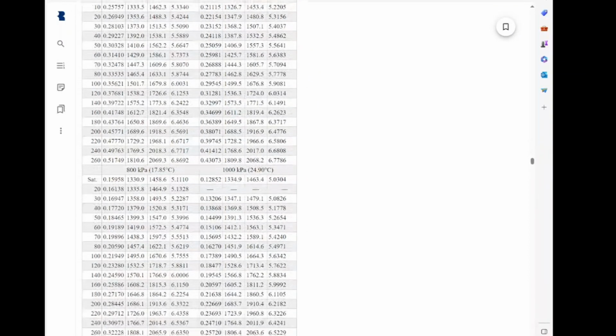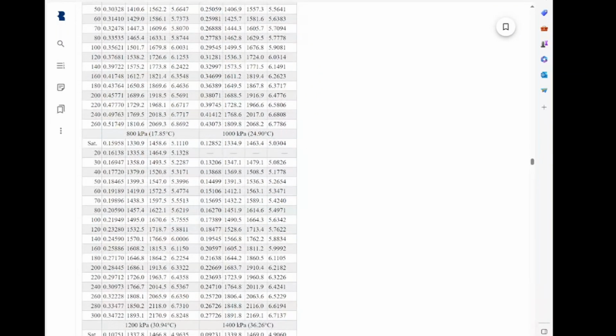So we're looking at 40 degrees, and we get to a point where we go over to 800 kilopascals of pressure, and then at 1,000 kilopascals of pressure. At this point, we see that the specific volume of saturation is lower than what we had initially. So at 40 degrees, we're going to be somewhere between these two.